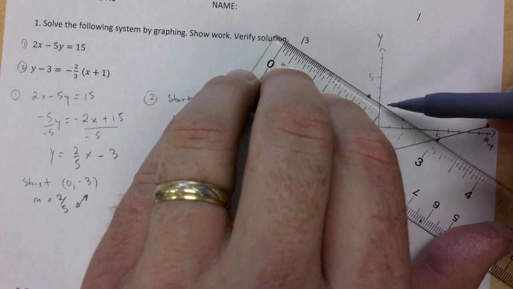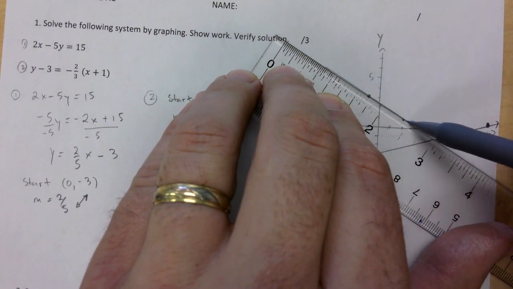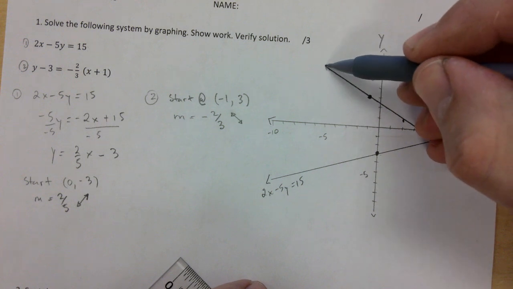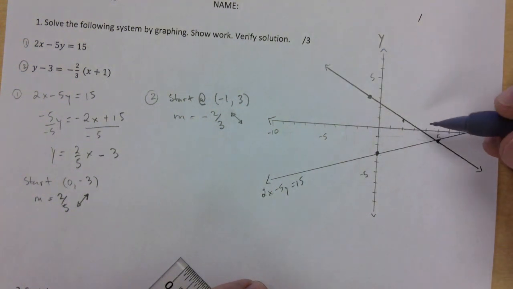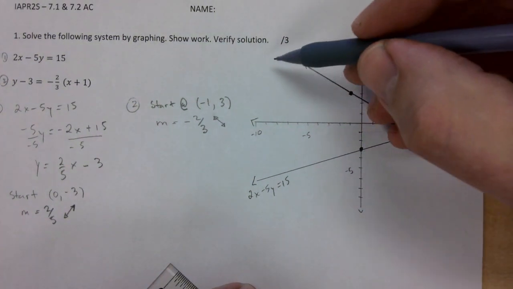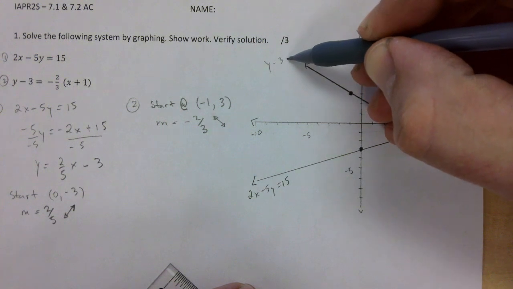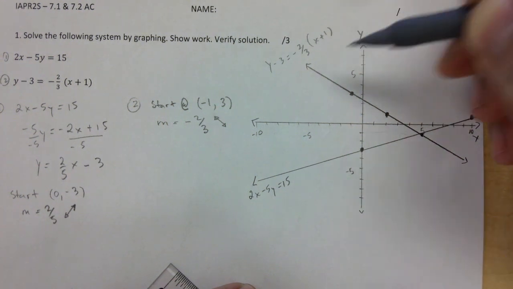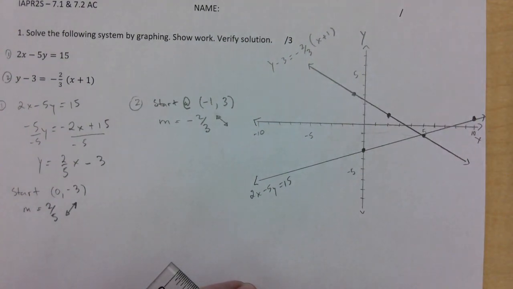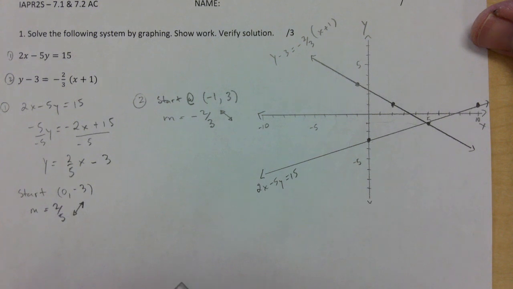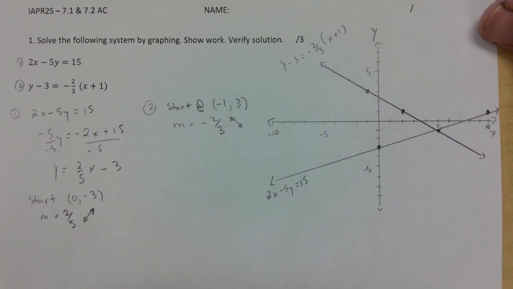And again, my graph isn't perfect because it's by hand, but I will be able to see enough evidence of the fact that you've done work. So just make this dot a little bit bigger so it fits. There it is. And this is the line y minus 3 is equal to -2/3 x plus 1. If you wanted to rewrite that into slope-intercept, go for it, but I think it's a lot of time that you're spending on something that isn't really needed.